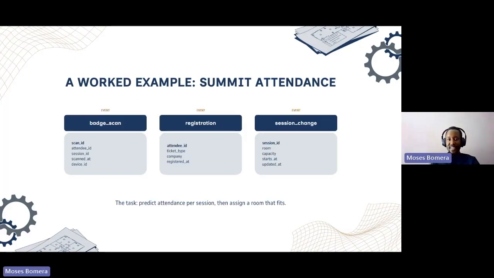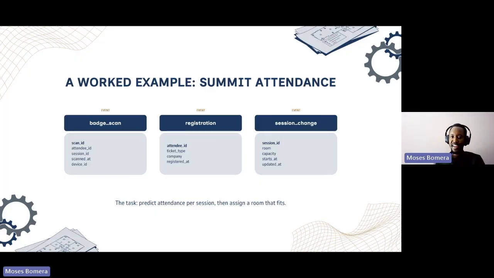So let's use an example to put things into perspective, something similar to a summit. Say we have these tables. We have attendees. This is not a virtual summit; it would be somewhere in a place where people had to log in or clock in to, say, a room.